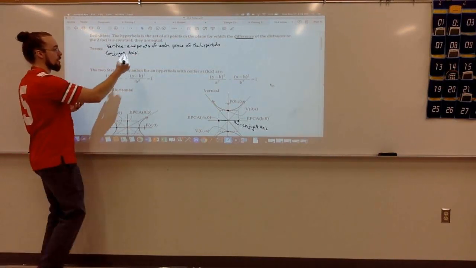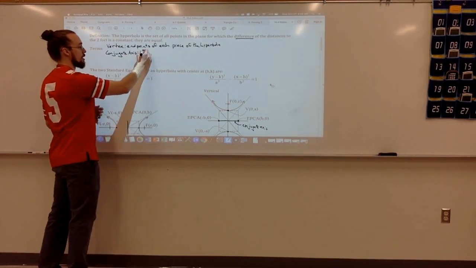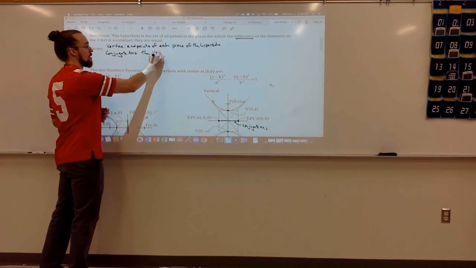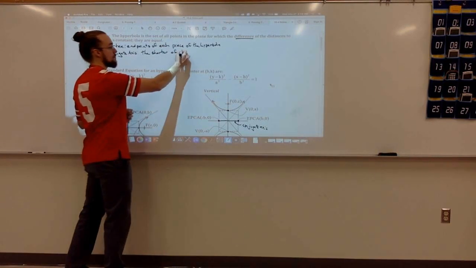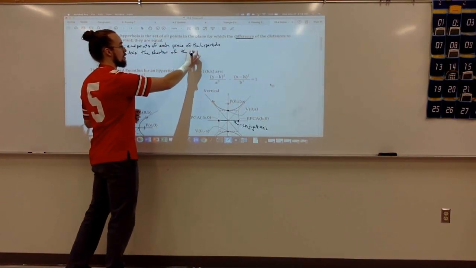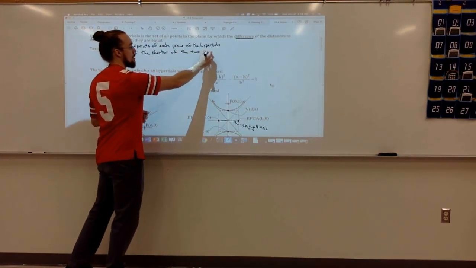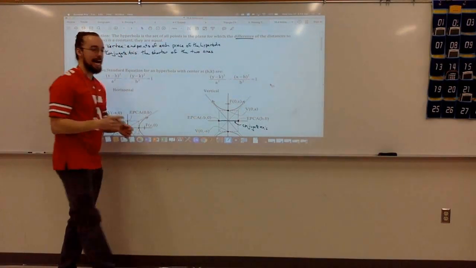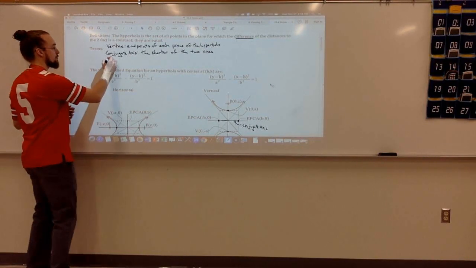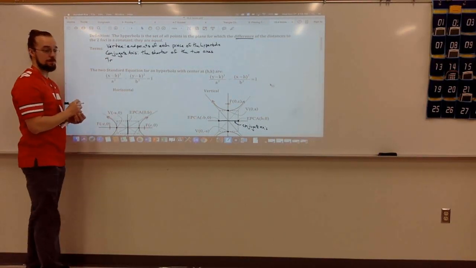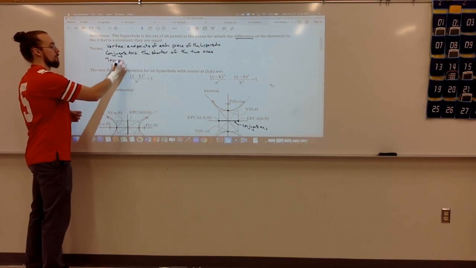So for a definition, we can say it is the shorter of the two axes. Now the other axis, I don't have any room, I'll write smaller.